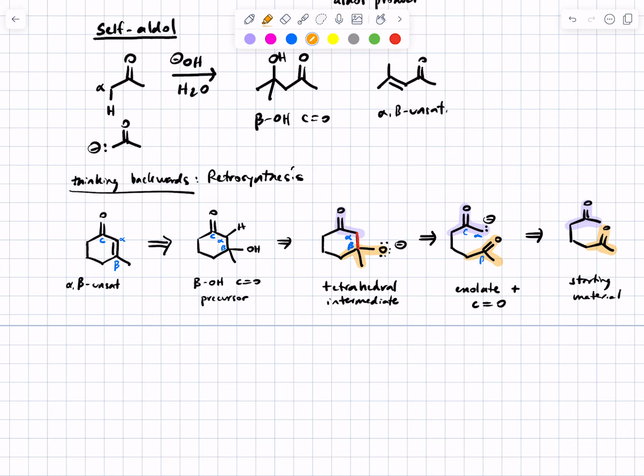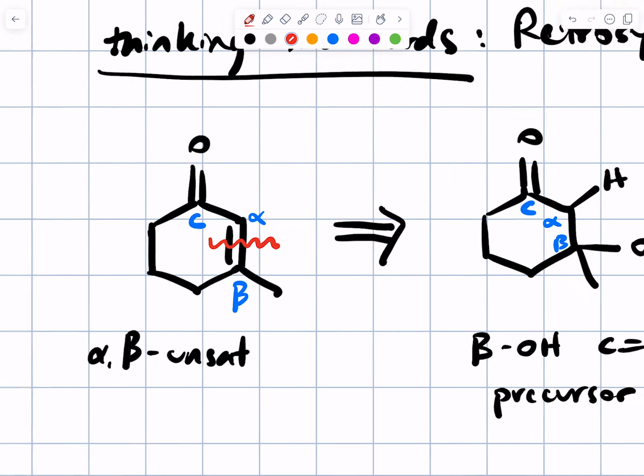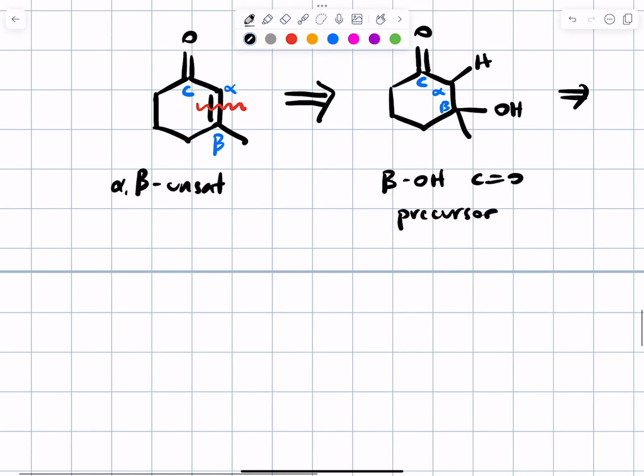Alternatively, if you want to hurry along, you can memorize this structural pattern and understand that in the aldol reaction, we make both the sigma and the pi bonds between the alpha and the beta carbons. The alpha carbon used to be just an enolate, and the beta carbon used to be a carbonyl. So conceptually, you disconnect here.